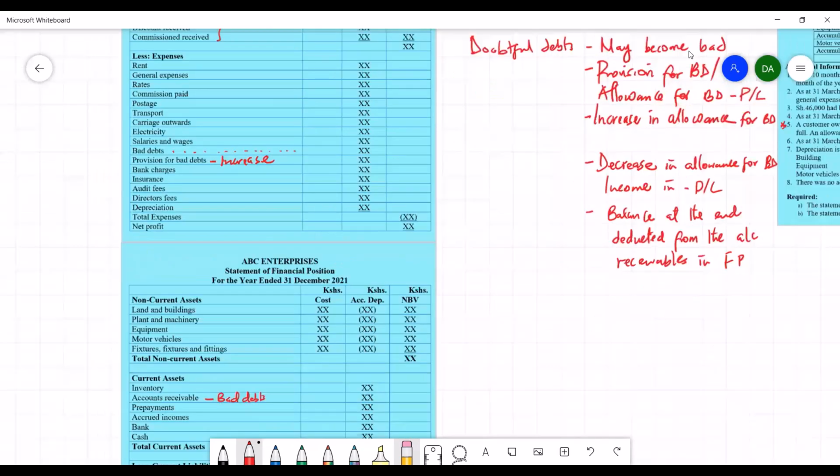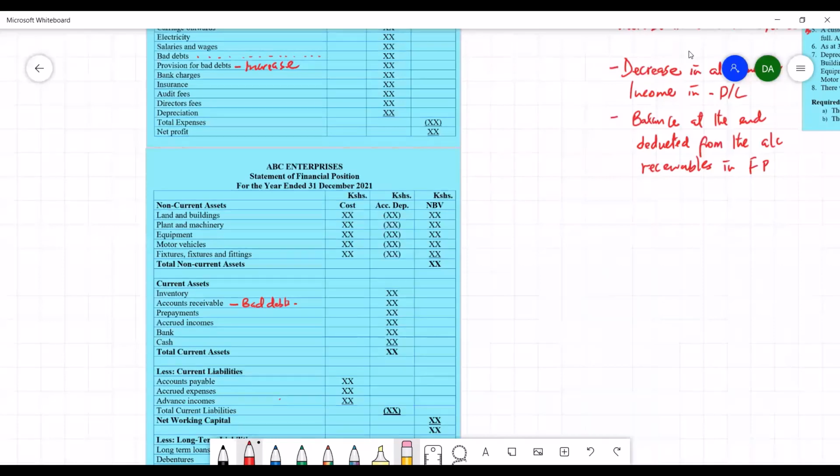Therefore, when we report the debtors in the statement of financial position, we also need to deduct the allowance for bad debts from accounts receivable.